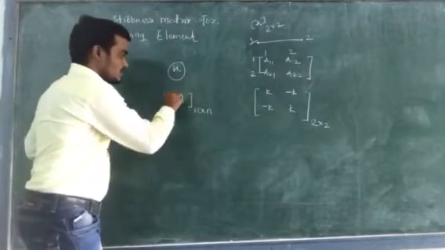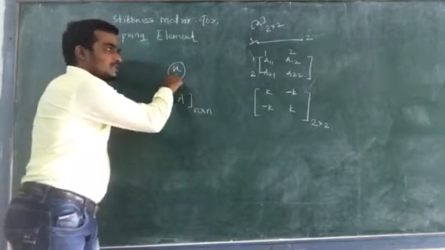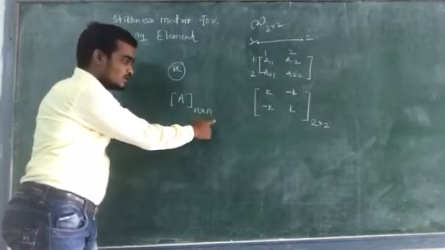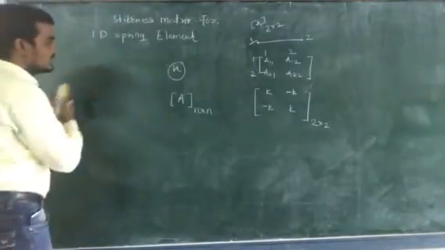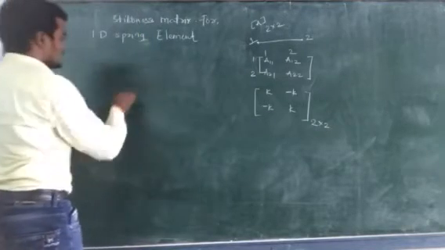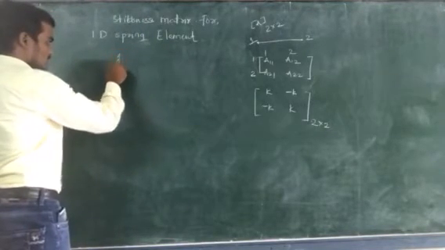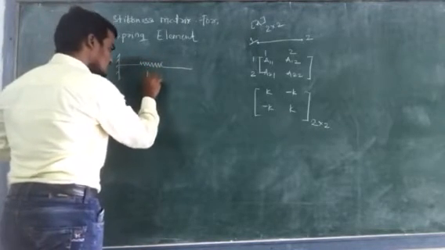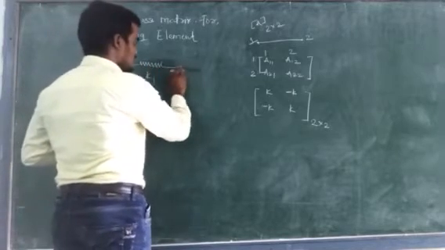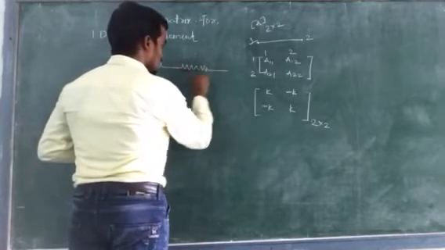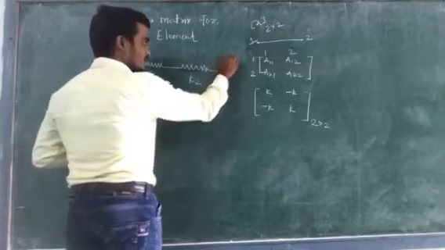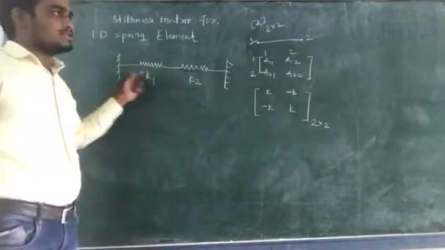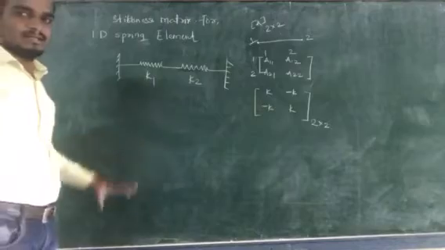Now suppose there are 2 spring elements, with spring constant K1 for the first spring element and spring constant K2 for the second spring element. Then how do we write the stiffness matrix for this two-element case?